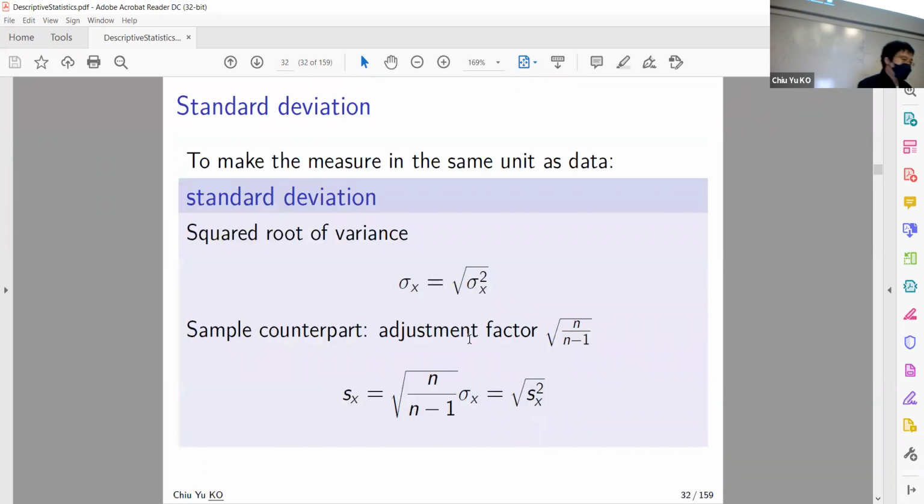Now, as I said, the variance is the most important one, but sometimes you don't see variance a lot because you will see a lot of them in another form. It's called SD, short for standard deviation. One of the drawbacks of the variance is that you square it.